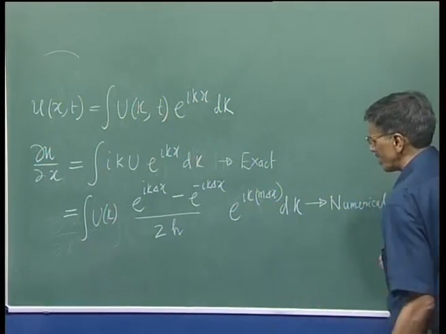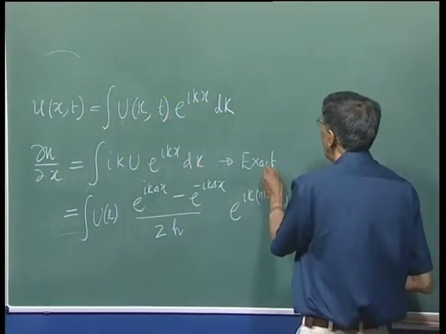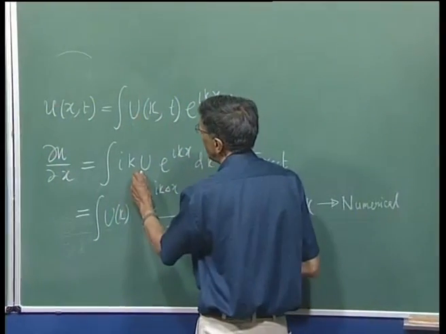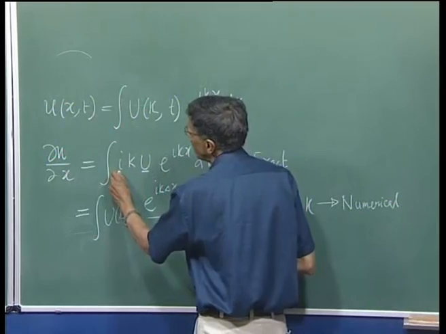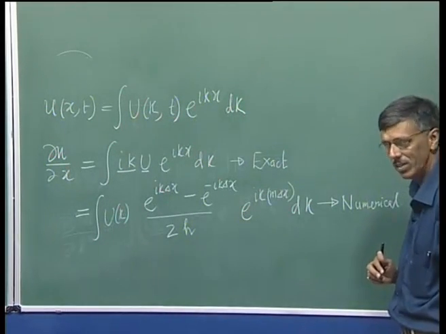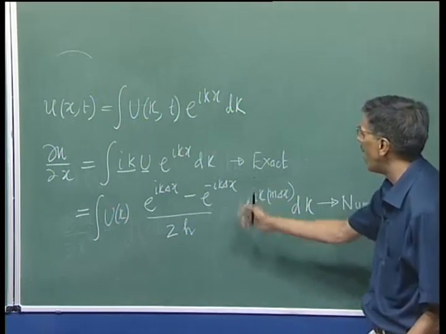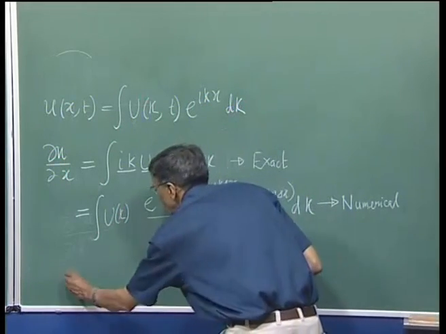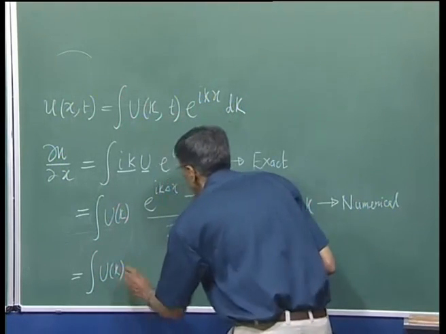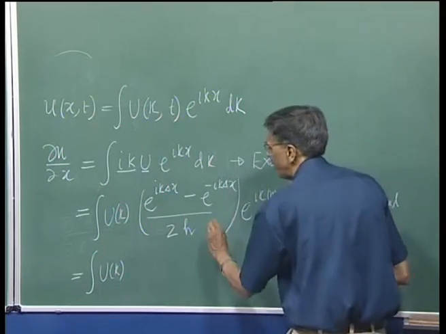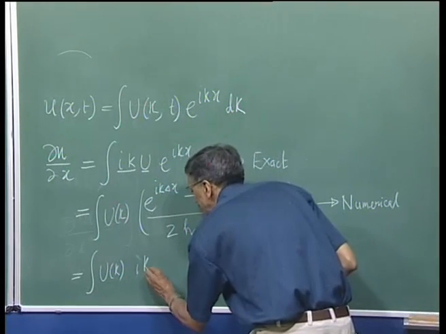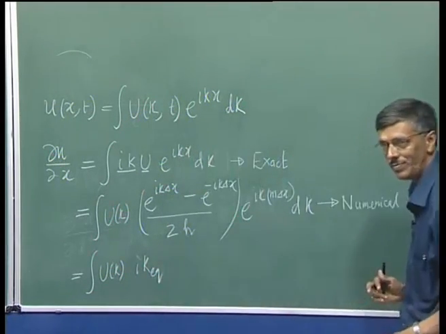So, what you are noticing is that in getting the exact representation, you had the Fourier amplitude, and you just simply multiplied by i k to get the derivative, right. So, I could write this equation also in terms of u hat of k as it is, and this quantity that we have here, let me write it as i k equivalent.